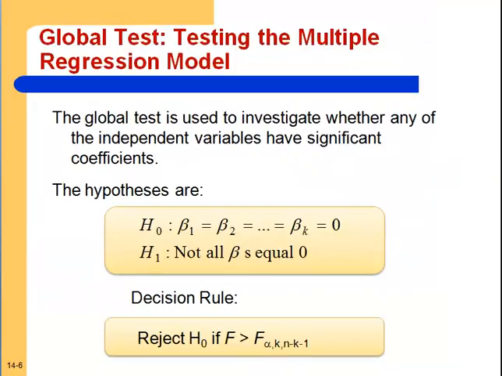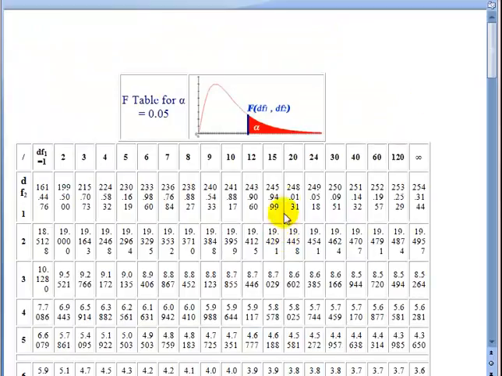Okay, after we find alpha, k, and n minus k minus 1, how do we use the F distribution? Let's check the F table. For this question, the significance level alpha is 0.05. The first row is the degree of freedom for the regression, the k number.